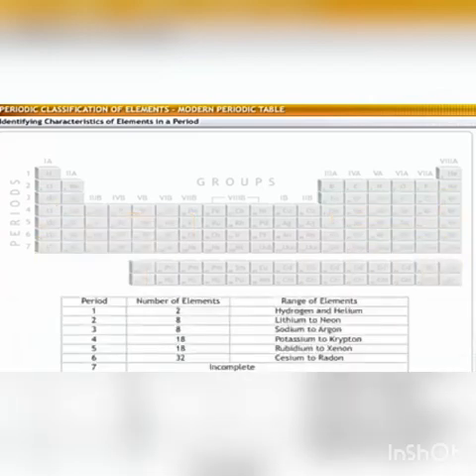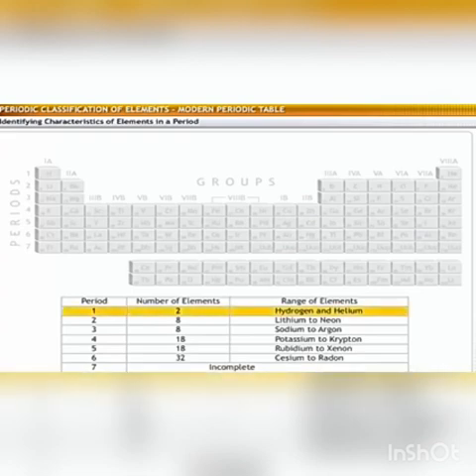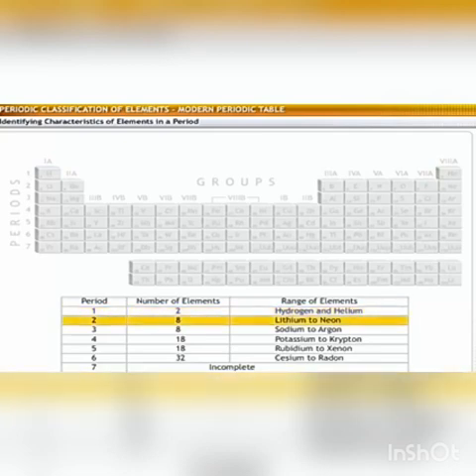Let's take a look at the basic characteristics of each period in the table. The first period is the shortest period and contains only 2 elements, hydrogen and helium. The second period contains 8 elements, from lithium to neon.